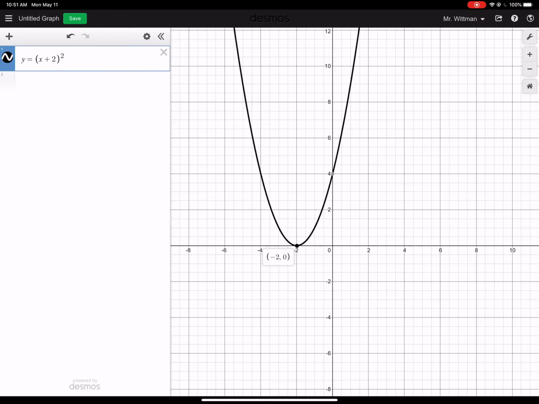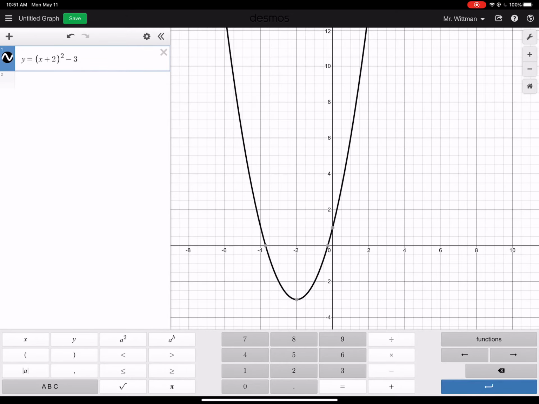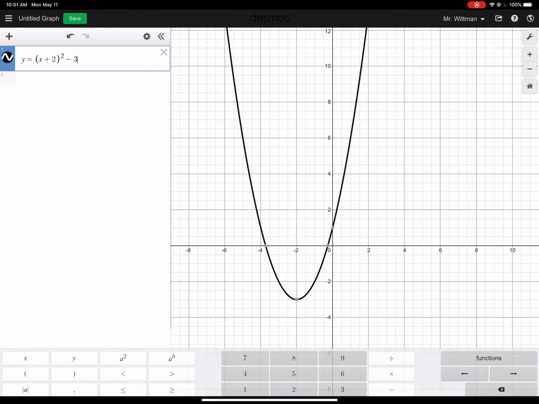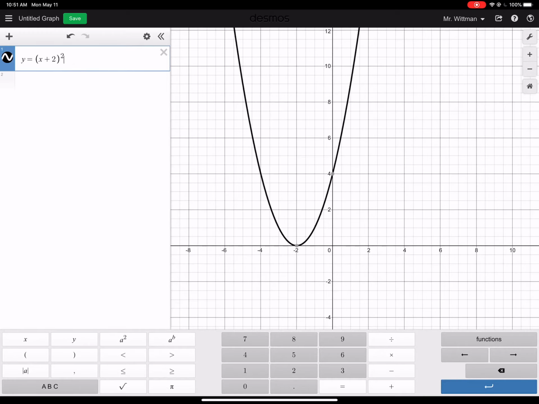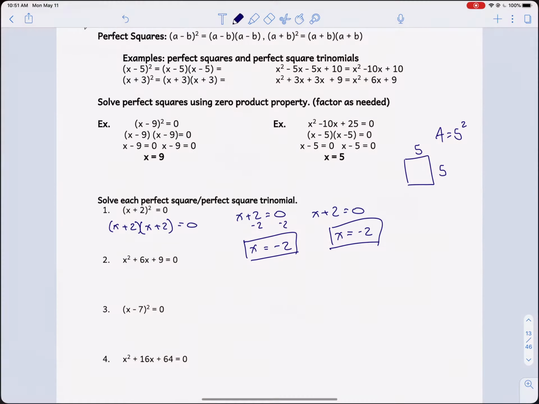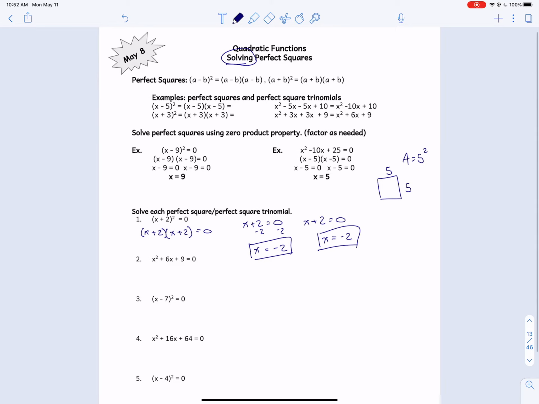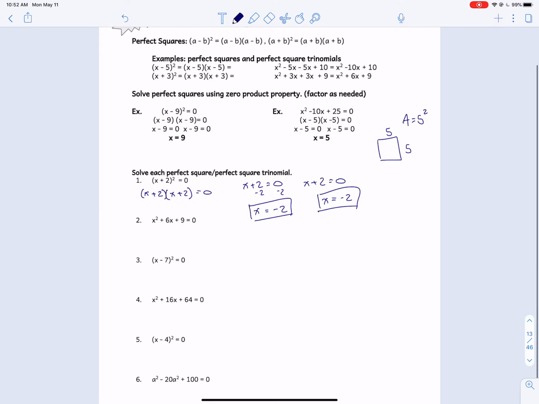So if we think of how this would be if we had two distinct x-intercepts, as we move this up, or as those x-intercepts come closer and closer together, they basically just collapse onto each other, and we end up with the same root. So x equals minus 2. And that's it. So these are another special case. So that's how we would do that one.